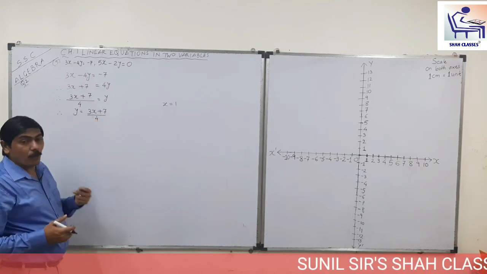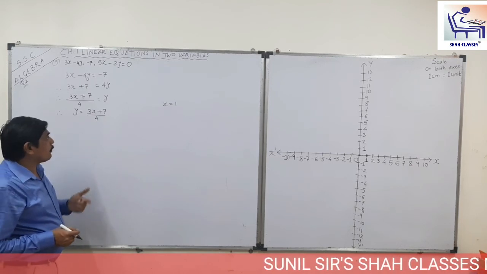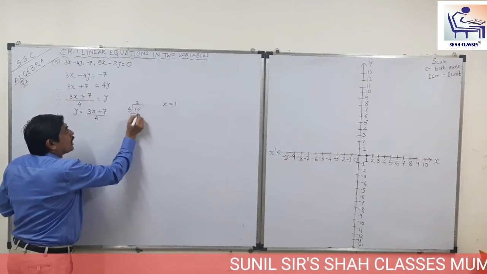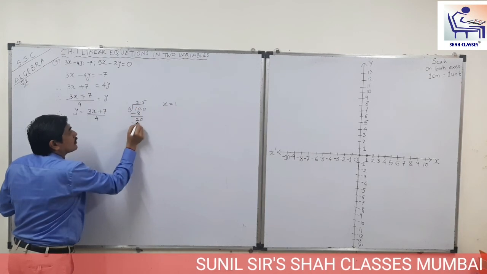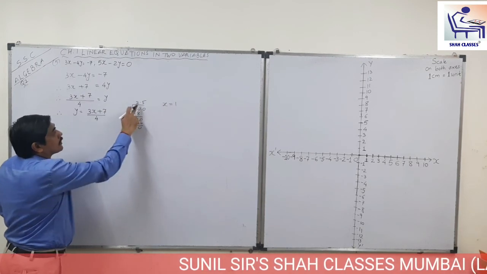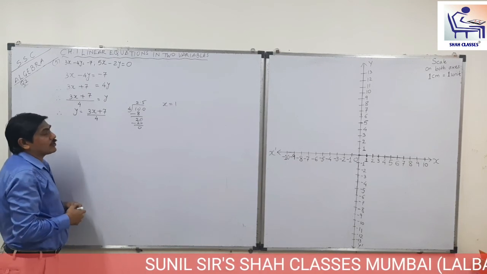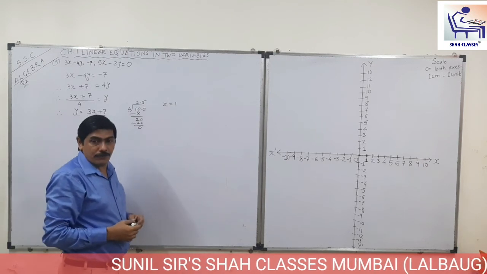But 10 divided by 4, your answer will be 2.5. 4 twos are 8 and here 4 fives are 20. So we are getting the value in a fraction. So I will avoid this value purposely, because it will create a problem in your graph.